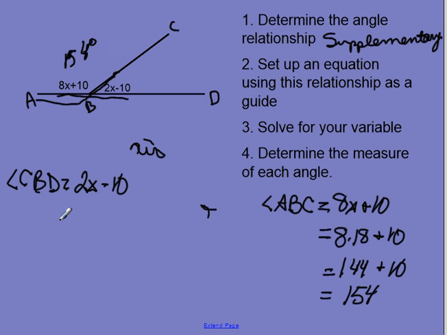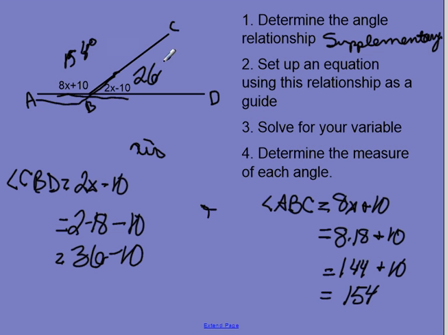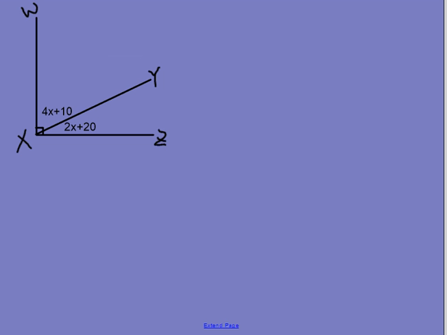I know that my x is 18, so I can substitute that in. 2 times 18 minus 10 equals 36 minus 10, which gives me 26 degrees. And you can always check yourself here because 154 plus 26 does indeed equal 180 degrees, which it should because these are supplementary angles. All right, let's work through one more example.